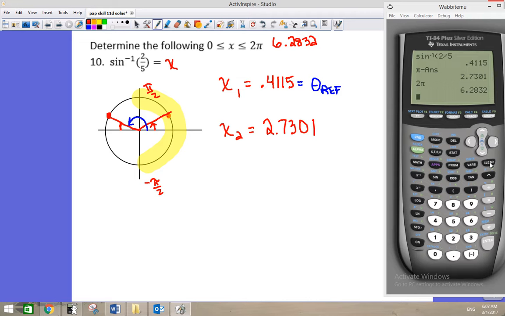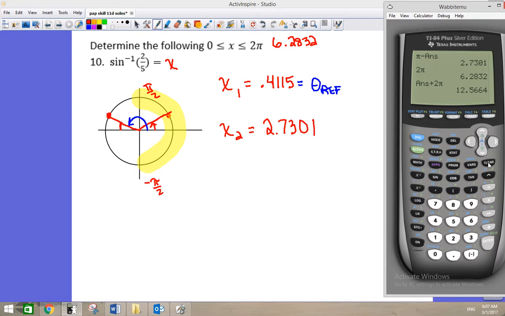If I take either one of them and add 2 pi, I'm going to be bigger than that. So see, I'm bigger, and obviously if I add 2 pi, I'll be at 6.6, I'll be bigger.